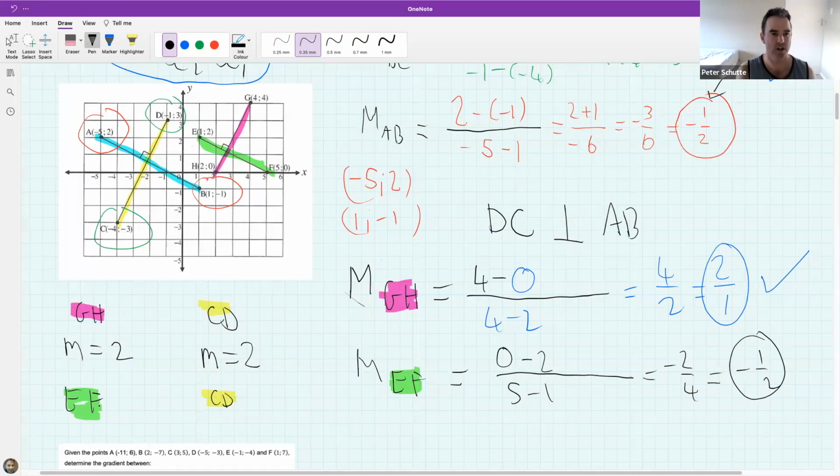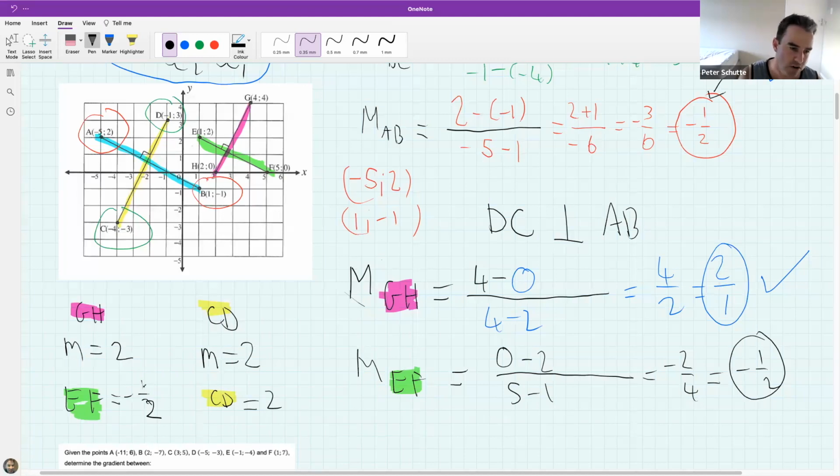What is the relationship between EF and CD? Isn't the EF positive? No, the EF is negative. If you look at the green line, it's sloping down to the right, so it is meant to be negative. So EF, even though it's over here, the gradient was -1/2. And CD, the gradient was 2.